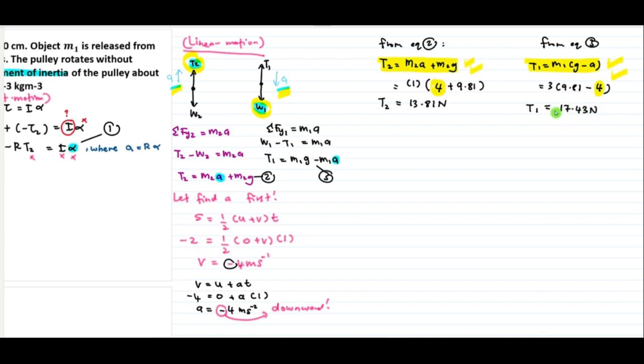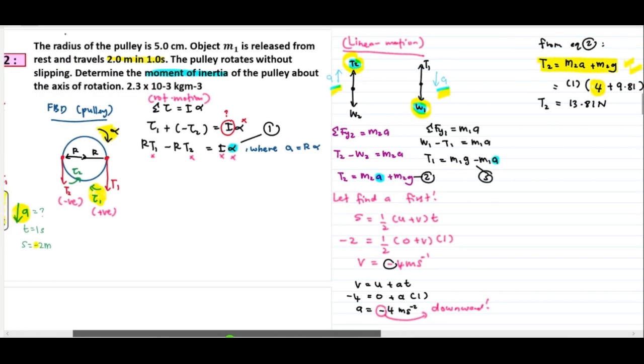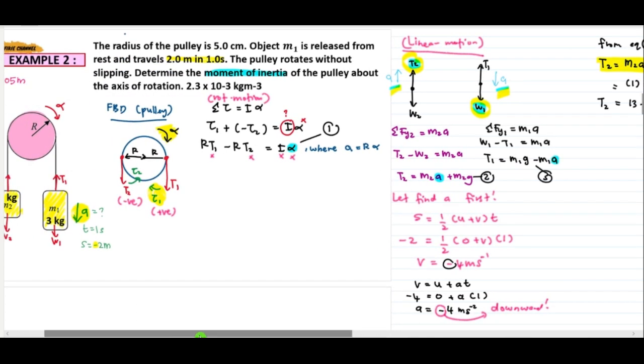Okay. So sekarang kita dah dapat dah nilai T1 and T2. So we can proceed to the equation number 1. Kita boleh masukkan dalam equation number 1 kita tadi. Okay, so now based on this equation, look at here. So we have R, okay, T1 minus T2.